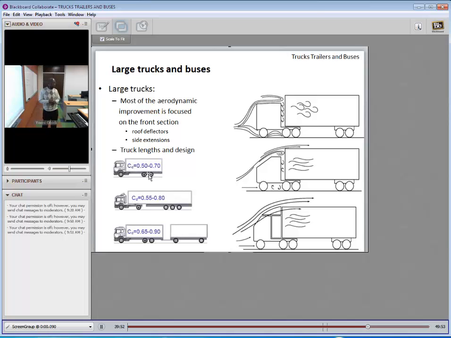Now, influence of truck lengths. We'll look at those. This is a single trailer. Now, if the trailer is longer, you have a drag coefficient that's up to about 0.3% increase from what it was here, just due to the increase in length.